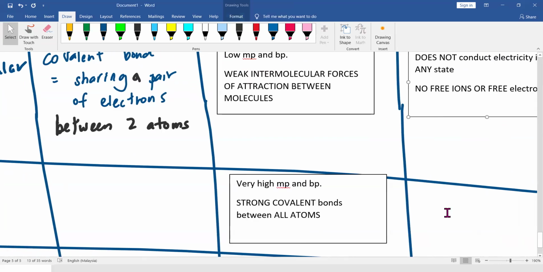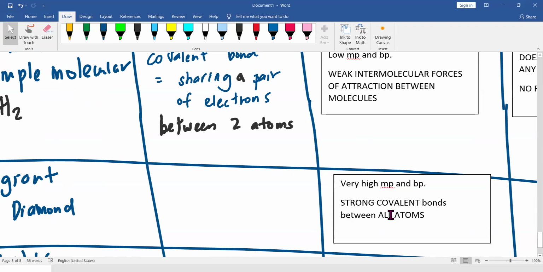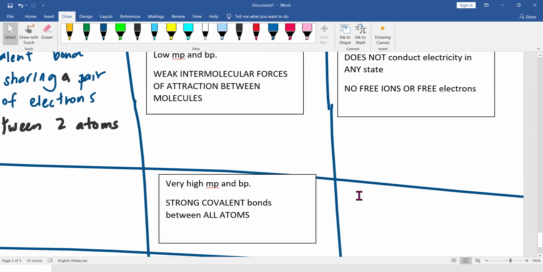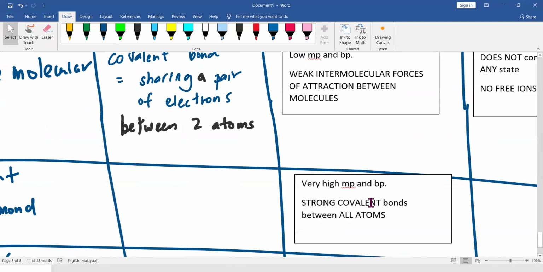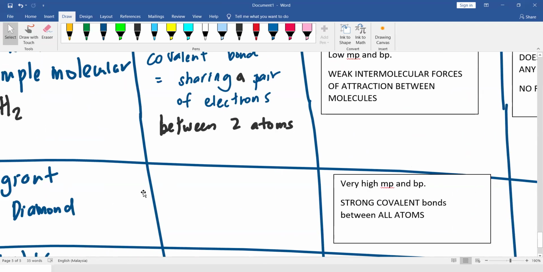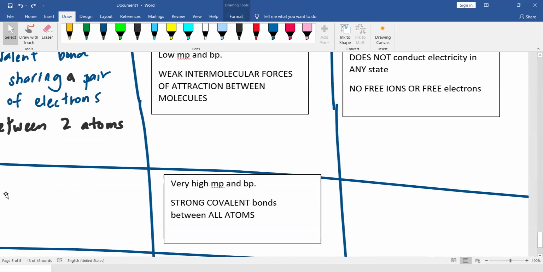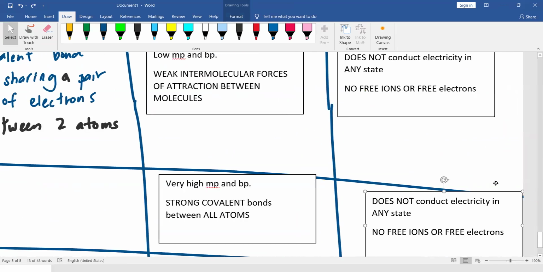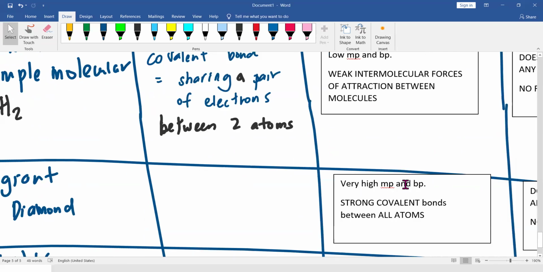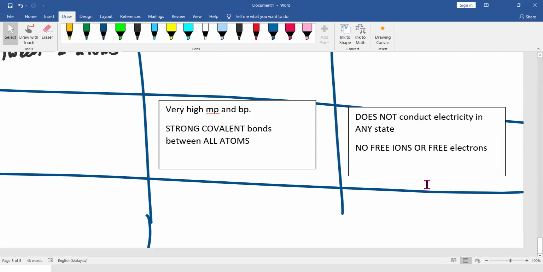And the reason why it does not conduct electricity is the same: because it does not have any free ions or electrons.